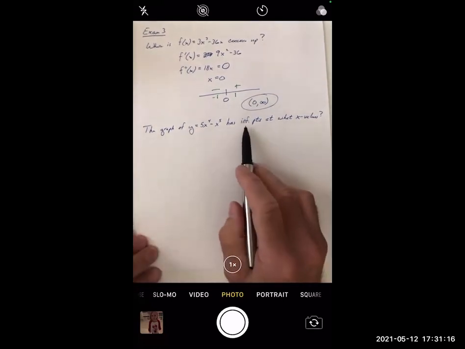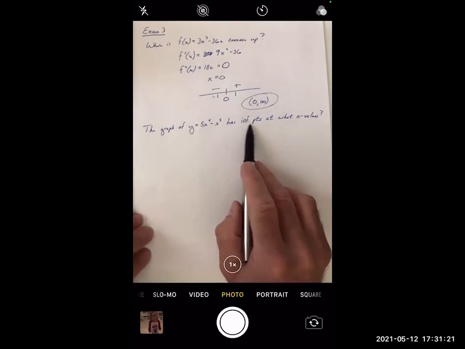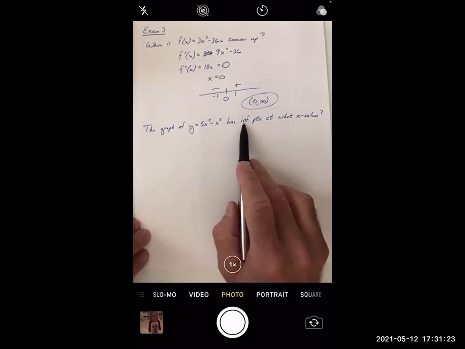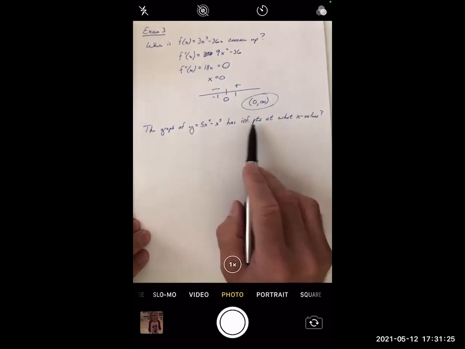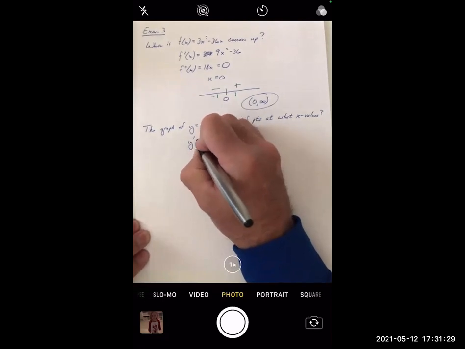So if it's talking about inflection points, you're still going to be working off of the second derivative, because inflection points are where concavity switches. So we still need that second derivative.